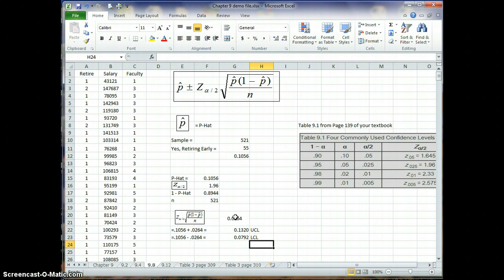It's usually indicated up here with the plus or minus, but in order for me to show it to you in Excel I need to do two separate calculations like that. So that gives you a sense of how that estimate works. That's it for problem 9.8, and next we'll do 9.12.